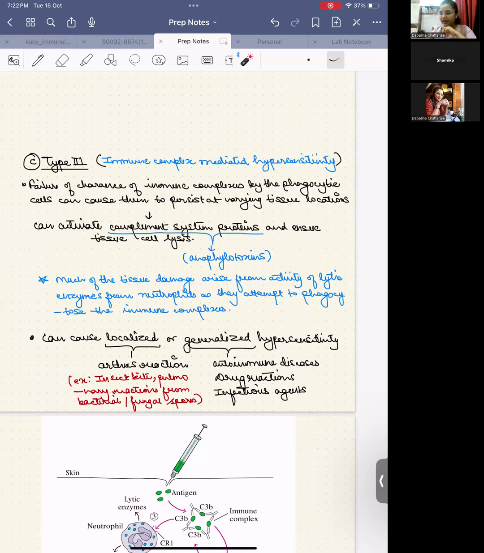So type 3 hypersensitivity is called immune complex mediated hypersensitivity. The most important fact about what is mediating this type of hypersensitivity is right there in the name: immune complex mediated hypersensitivity, which means that the persistent antigen antibody complex is causing the harm. We have seen that it is important for the clearance of this immune complex to occur.